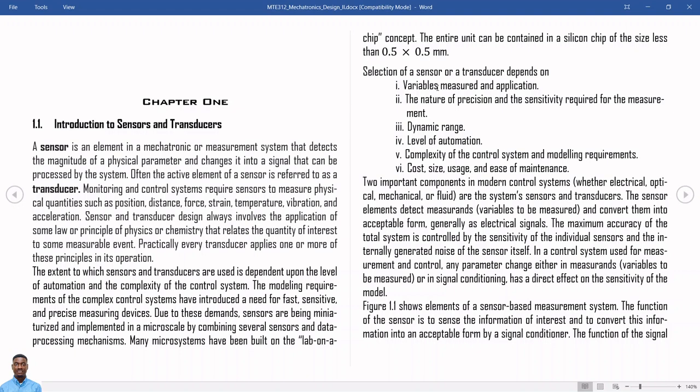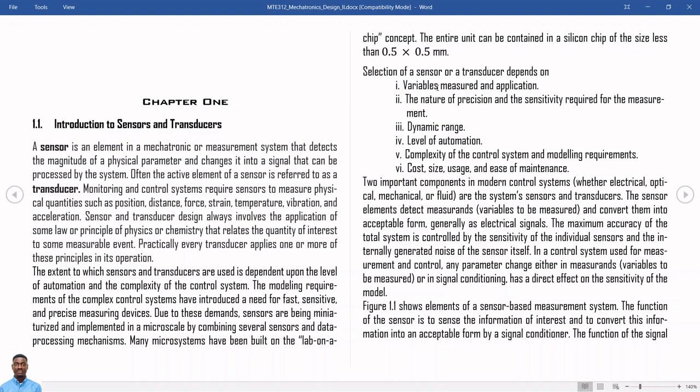Now, the nature of the precision and the sensitivity required for the measurement, because every sensor also has different precision, different sensitivity. We'll still look at that as we go on. So depending on the level of precision and sensitivity you require in whatever you want to measure can also determine what kind of sensor you select in such an application.